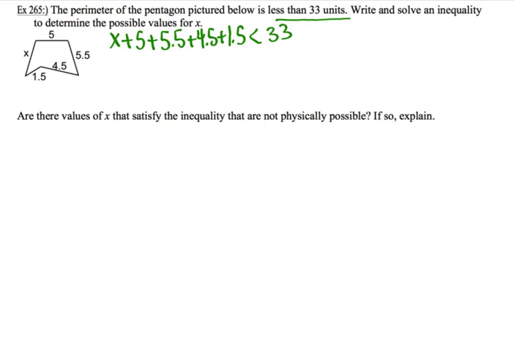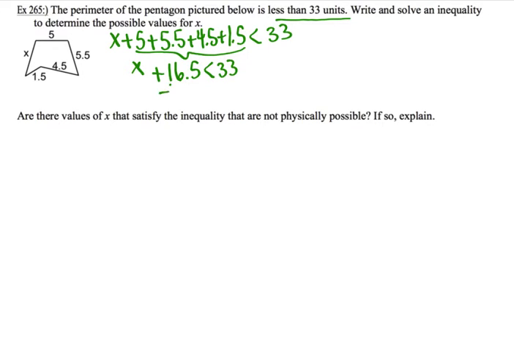So less than 33. All right, as we solve this, we'll do the same thing we did with equations. We need to simplify both sides. All of these are like terms, so we can add them: 5 plus 5.5 plus 4.5 plus 1.5. That should be 16.5. And that's all going to be less than 33.